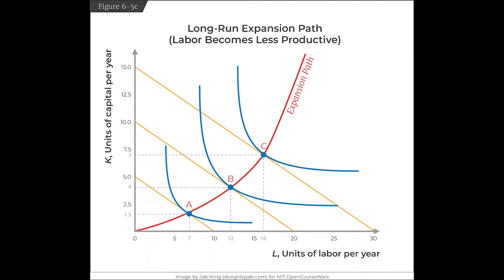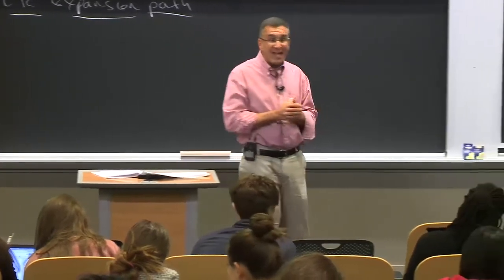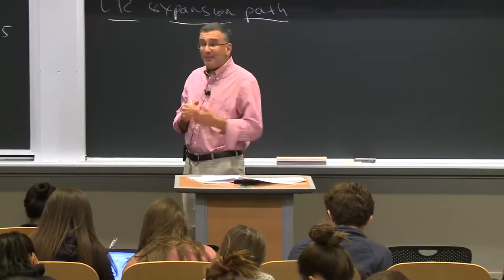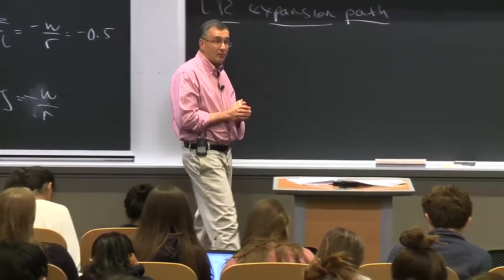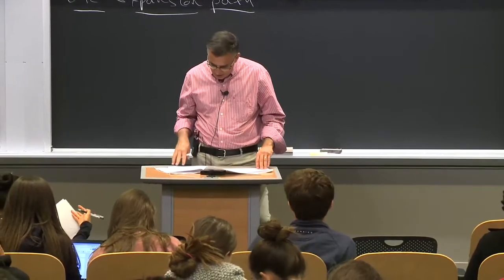So the second worker is already flipping the switch, and really adding more machines is a more productive way to expand output. None of these is right or wrong. We're just saying that the shape of this expansion path can vary with different production functions. But they're all the same idea.